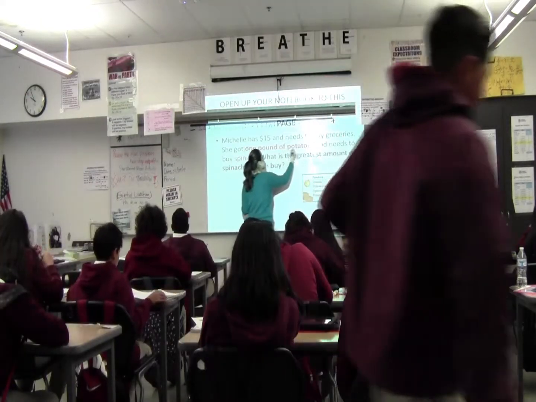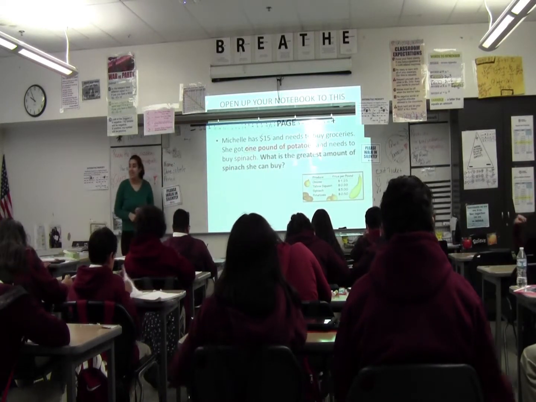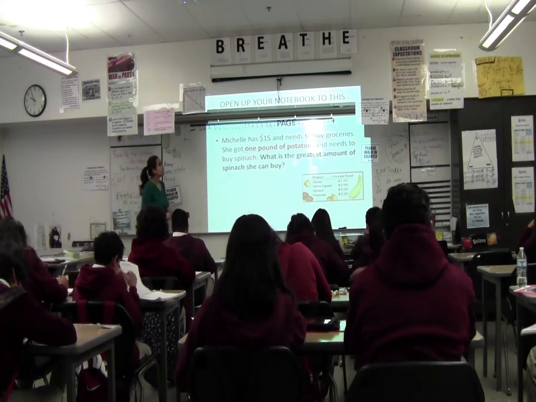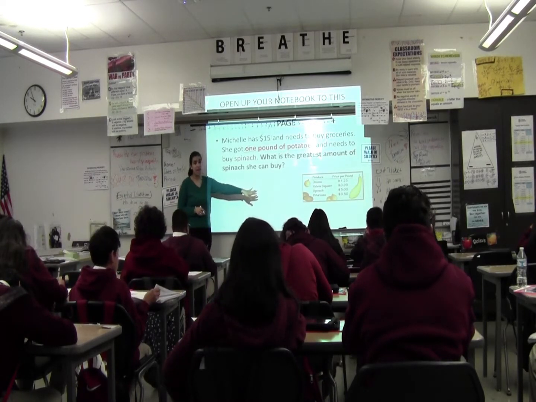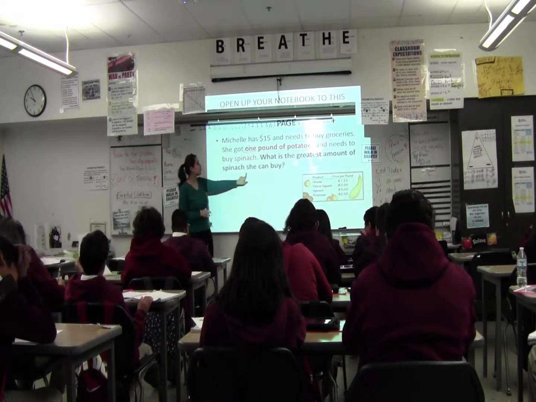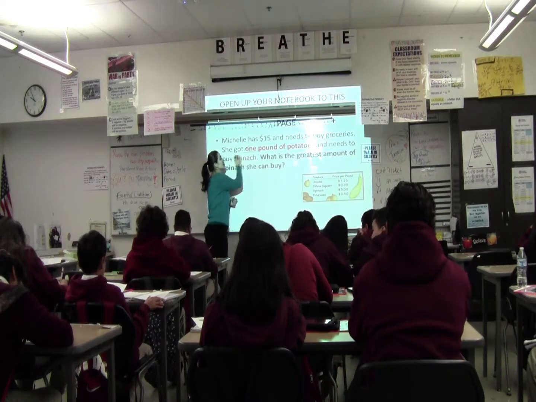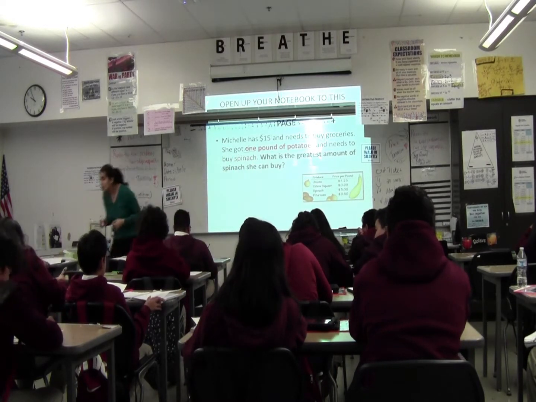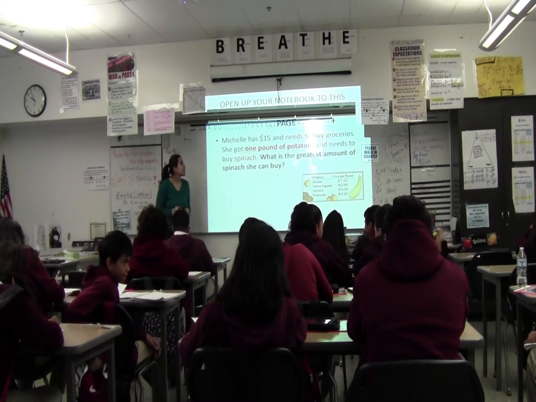You need that information as well. And the next thing you're going to circle is the type of item that Michelle wants to buy. So what does she want to buy? What are we trying to find out? How much what? Spinach. So we're going to circle the spinach.